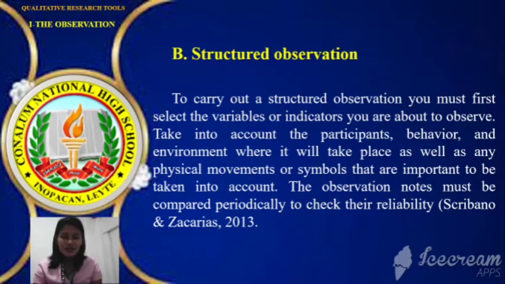When we say structured observation, you are writing before going into the environment or to your respondents or participants, because respondent is the term for those who will answer our instrument. So before going there, you have to write the indicators or the variables, meaning the things that you are about to observe.